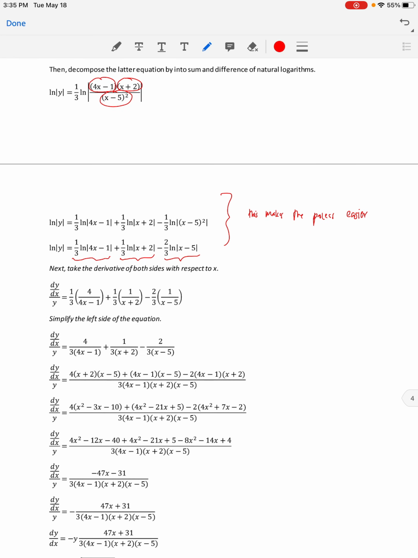So after na siya na-decompose in its theoretically simplest form, then saka na ta mo proceed with the derivation. So i-derive na tong ln y. Then i-derive na nato siya one by one. Derivation sa ln(4x minus 1) is 4 over 4x minus 1.